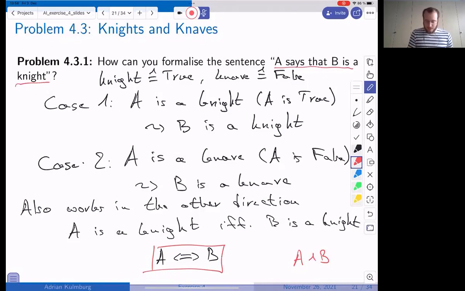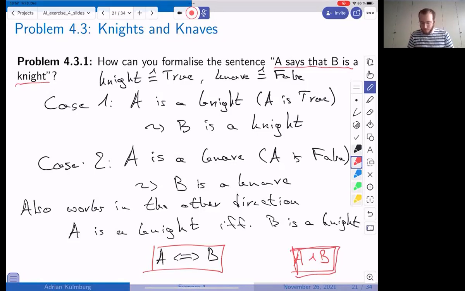But if you look at what happens if you have that A is a knave, okay? If A is a knave, this thing on the right side is always false, right? Because it's just an and. And therefore, it cannot be a good representation of this sentence above, because you know that this sentence has been said, so you know that this sentence is true.